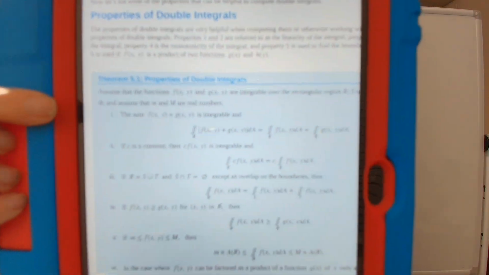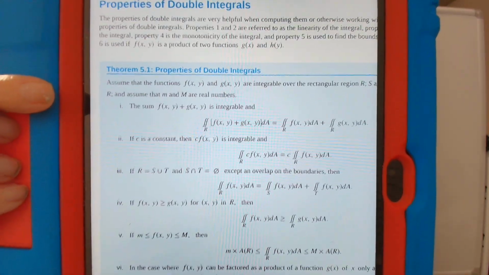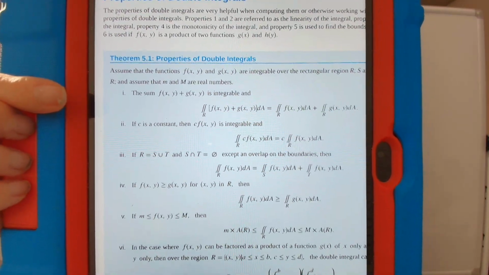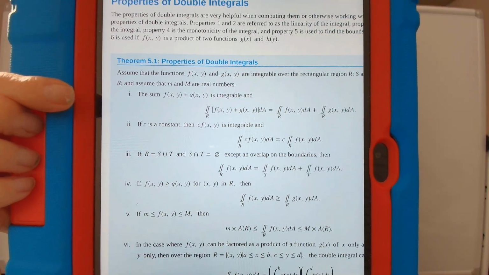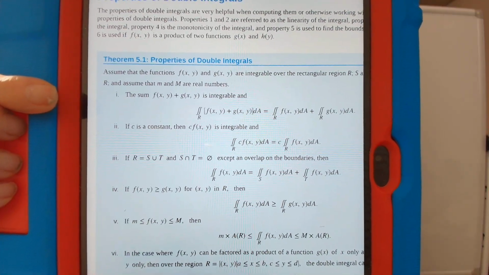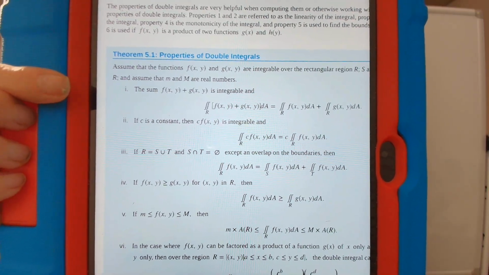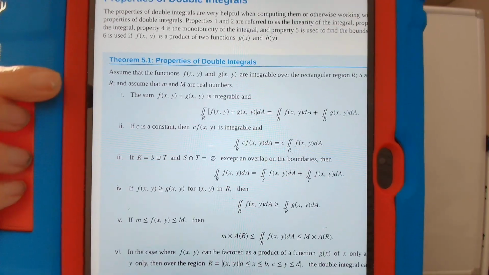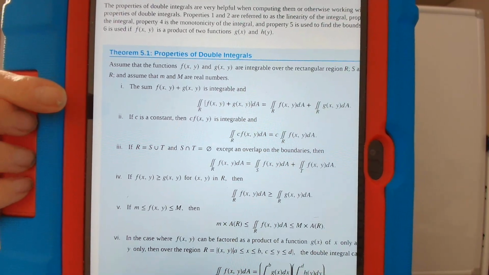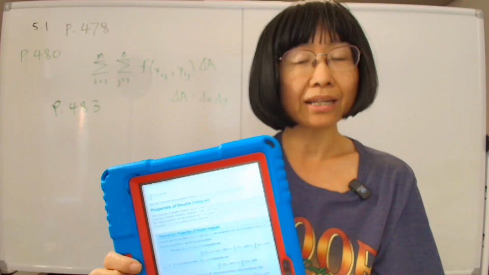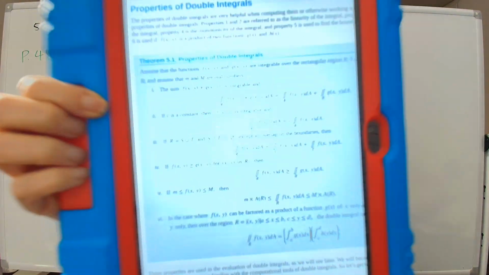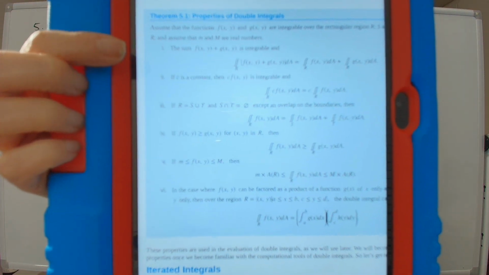For example, if you add two functions, that's the same as calculating the volume of one and then the volume of the other, if they're integrated over the same surface. That extends directly from single dimension integration.